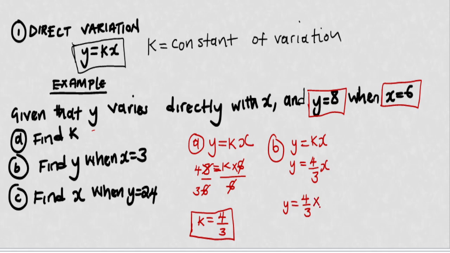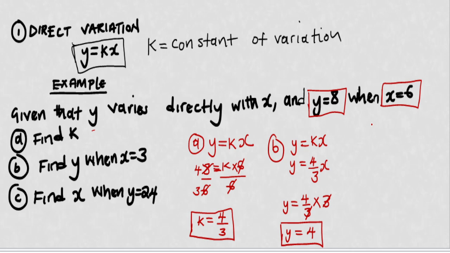So where there is x, we put 3. The 3 and the 3 are going to cancel. Then the value of y will be equal to 4.